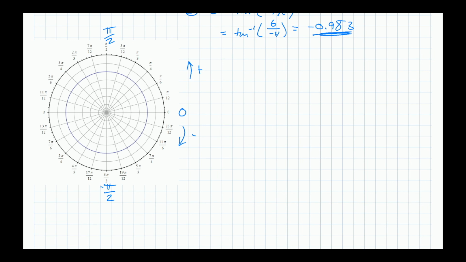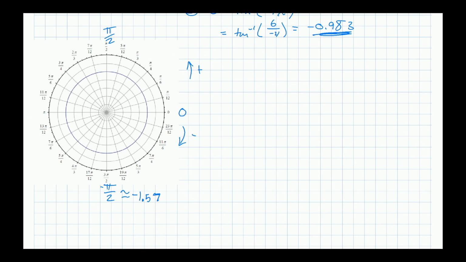So we've got negative 0.983 here. But I've got that negative pi over 2 on the bottom. And if I just punch that into a calculator, how big is pi over 2? It's about 1.5, right? So this is approximately negative 1.57. So if you wanted to figure out where negative 0.98 is, well, 0 is here, negative 1.5 is down here. So negative 1 is somewhere in here, somewhere down here.